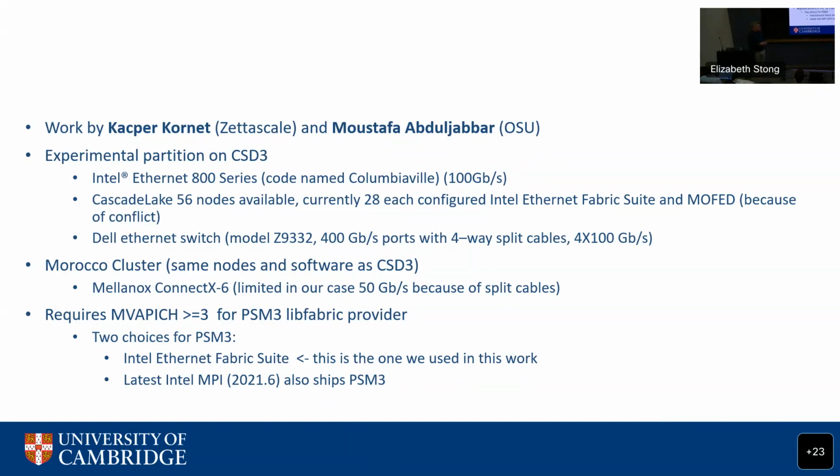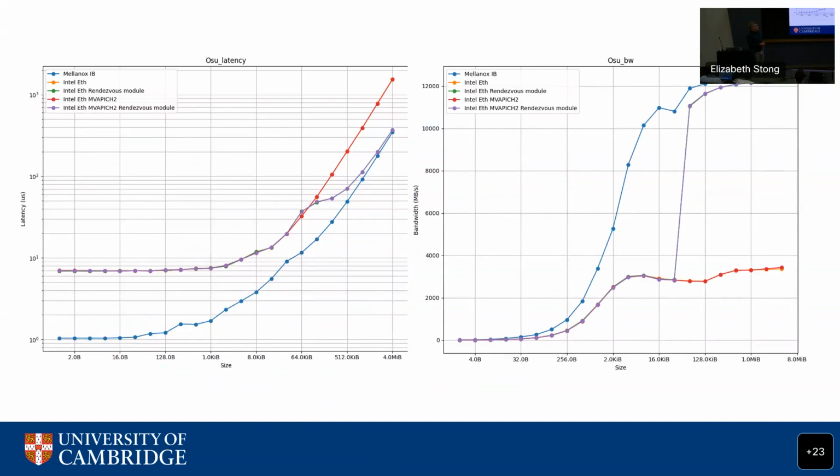There is apparently also one in the latest Intel MPI. And so you get the familiar looking graphs for bandwidth and latency. The blue line is InfiniBand, obviously better, but we get similar latencies to InfiniBand at large message size and similar bandwidth to InfiniBand at large message size.